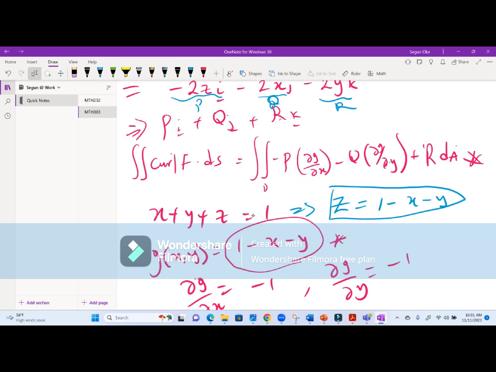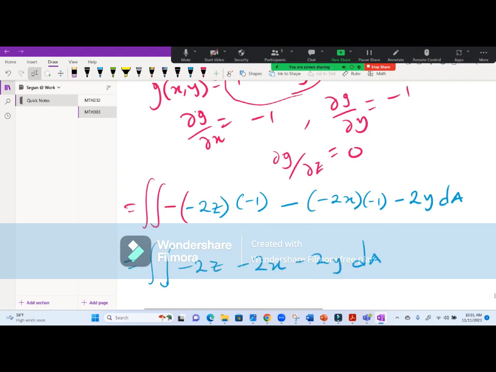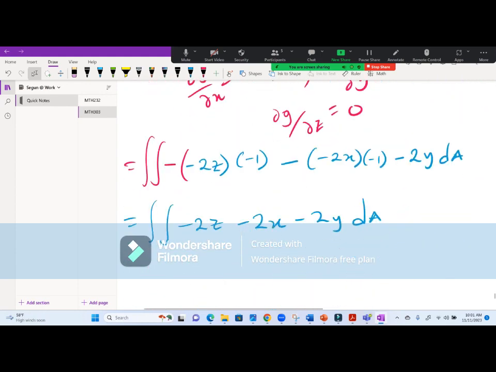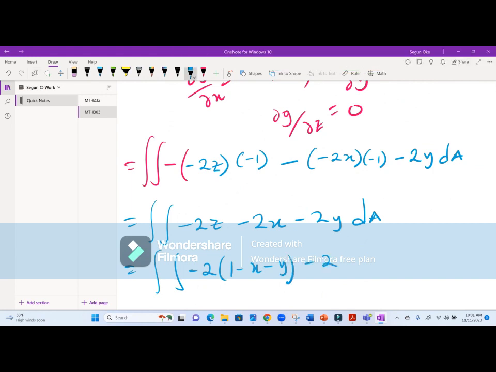Don't forget. So anywhere you see z, substitute those functions back into it. So what do we have? Integral of minus 2 of 1 minus x minus y minus 2x minus 2y dA.